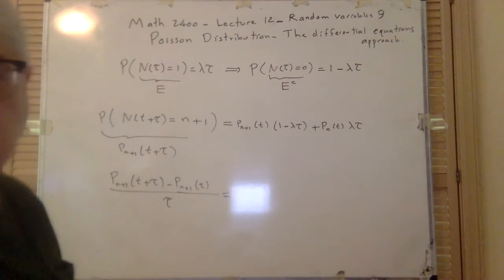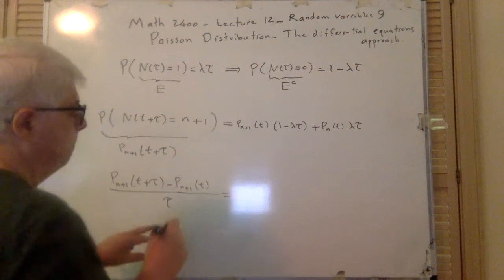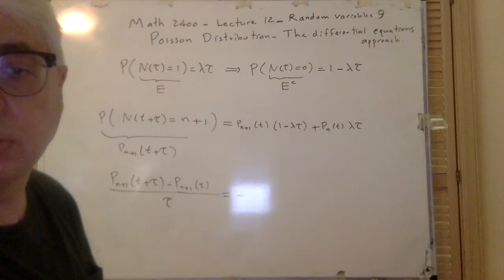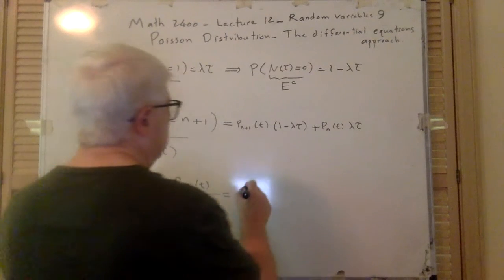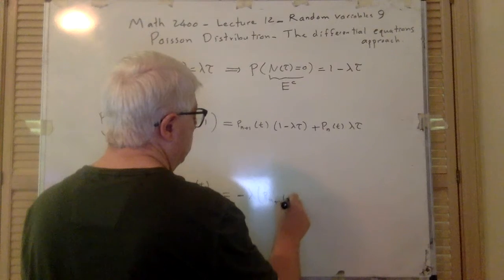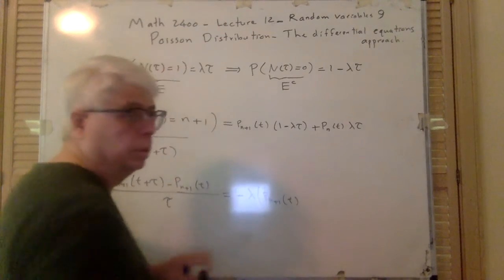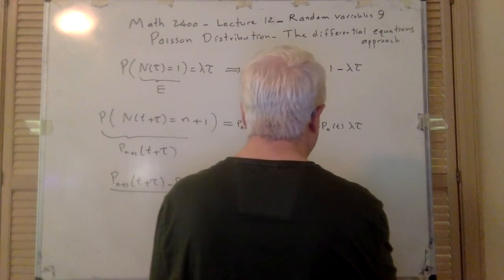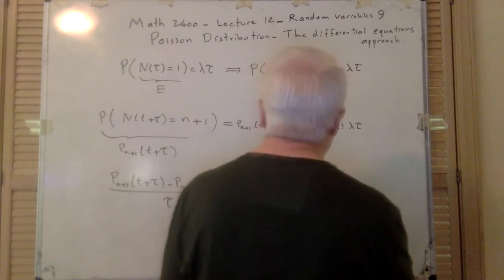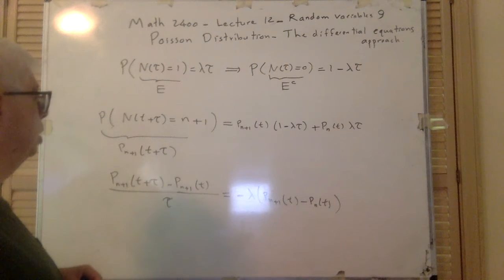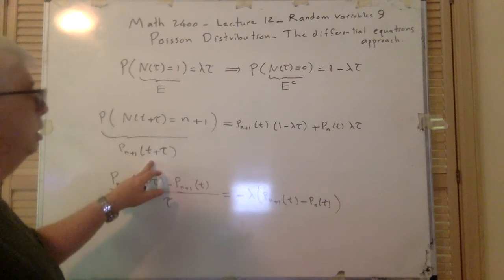Just put them together, minus, let me copy from what I have here, lambda times P_{n+1} of t minus P_n of t. Okay?